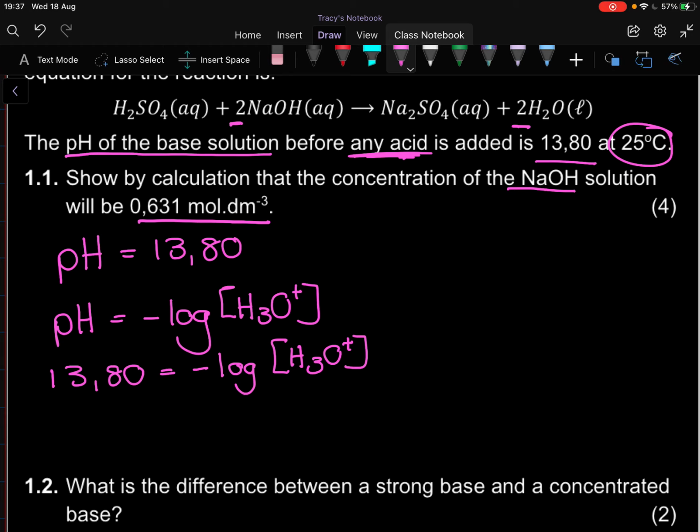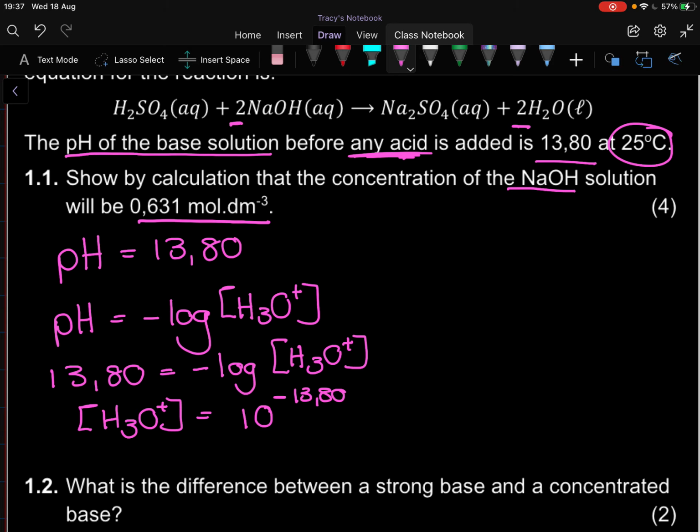But we use logs that are base 10. So it means that the H3O concentration is equal to 10 to the power of negative 13,80.